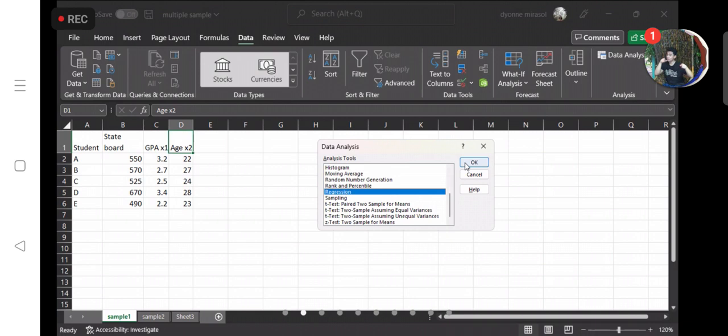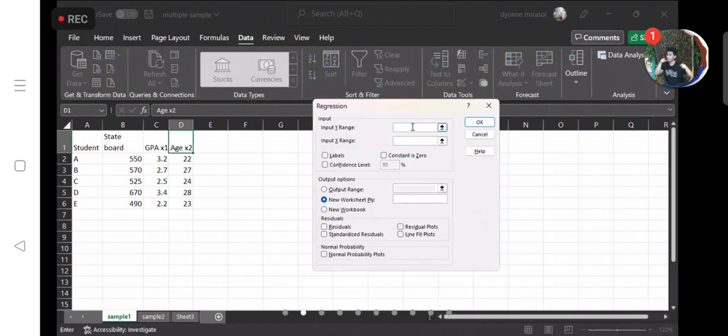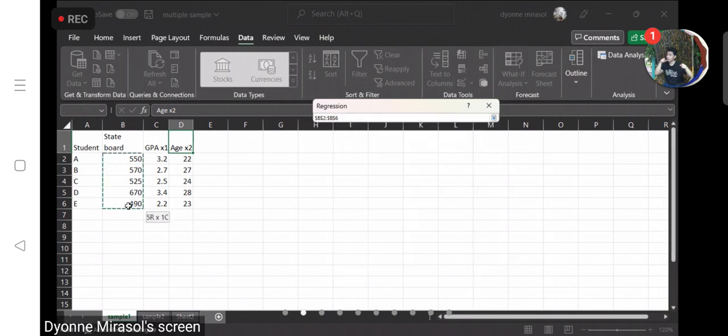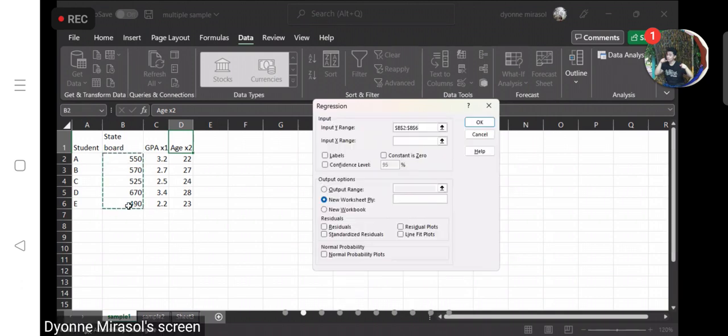Okay, to solve regression, the first thing you do is input the Y range. In our data, the state board exam scores are our Y values. Next, you will input the X range.